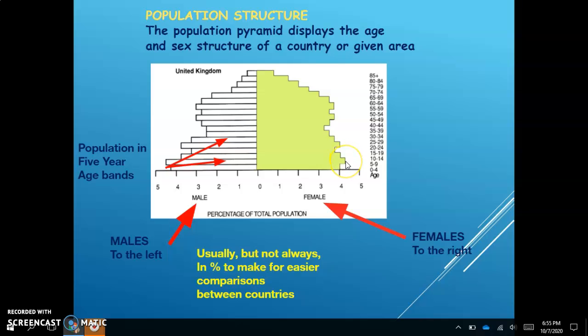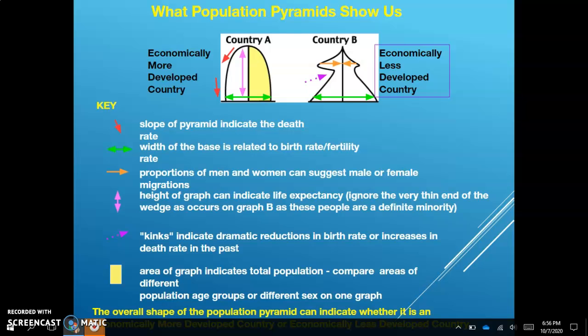So 4.25% of the population are females ages 5 to 9, and so on and so forth. Over here, it looks like a little bit over 4, so we would say 4.25% of the population are males aged 0 to 4. So it just gives you the breakdown, and again, all the different bars should add up to be 100% of your population. So we can tell things about our countries based on the shape of the pyramids.